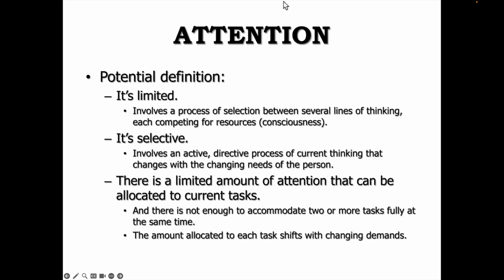The amount of attention we allocate to each task shifts with the changing demands of those tasks. So essentially, attention is focusing on things, but understanding that attention is limited and very selective.